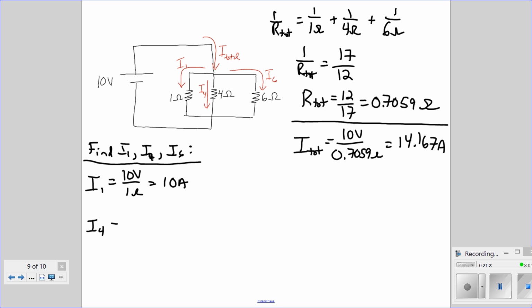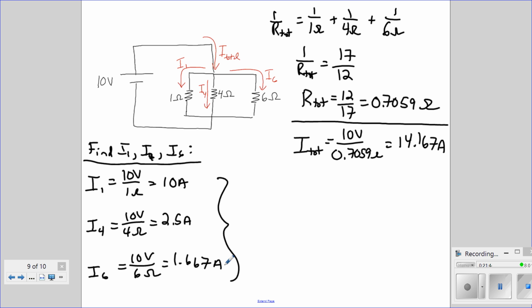Current 4 is going to be 10 volts divided by 4 ohms, which is 2.5 amps. Current 6 is going to be 10 volts divided by 6 ohms, which is 1.667 amps.